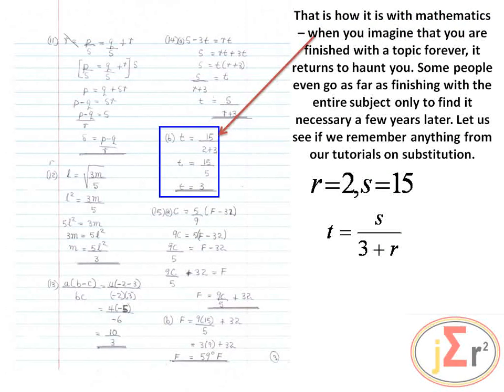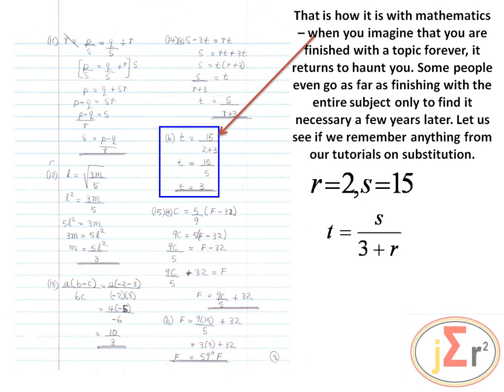After making t the subject of the formula, we are given values of r and s, and we are required to find a corresponding value for t. So this is another problem that requires us to substitute, and we will begin by creating a template.